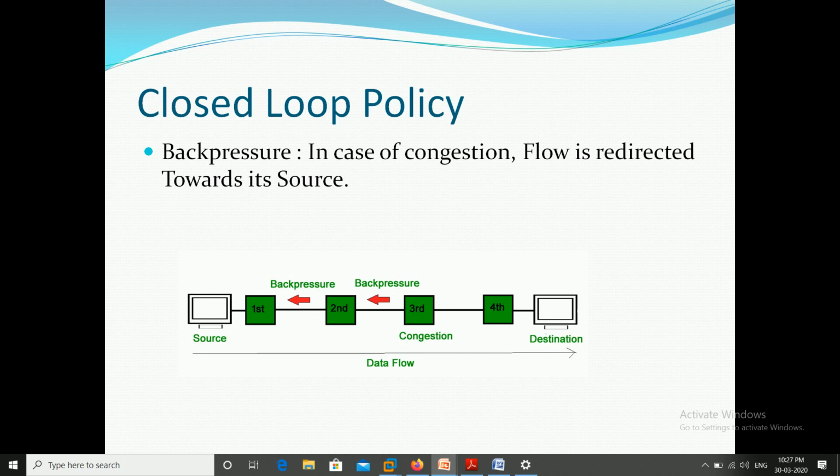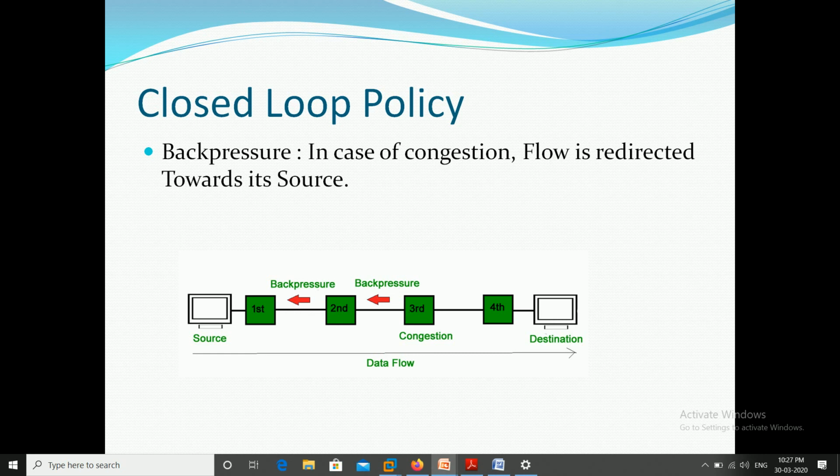In case of datagram, they just flood the packets. Packets will follow different paths to reach the destination. So this back pressure closed loop policy is only applicable to the virtual circuit. Obviously, when we need to signal the source and all intermediate nodes, we need to know the path.